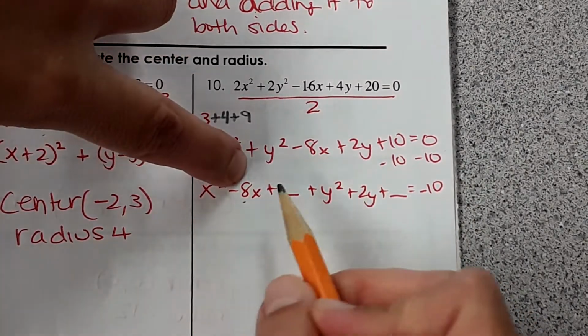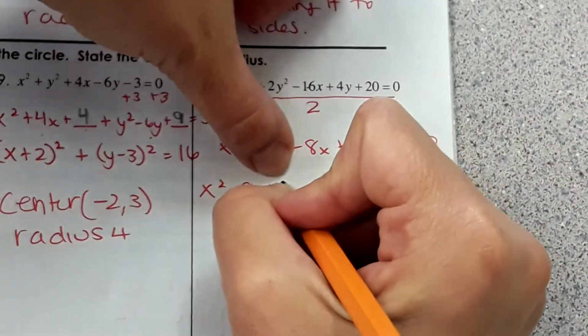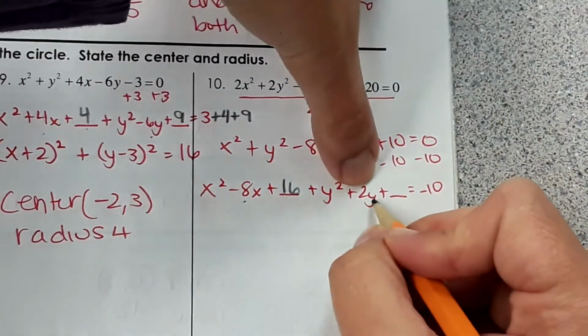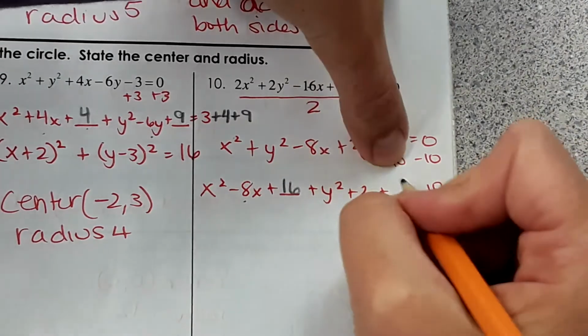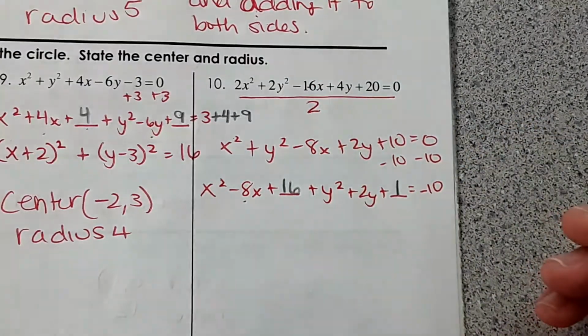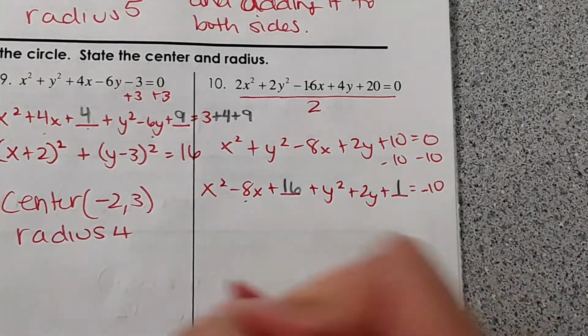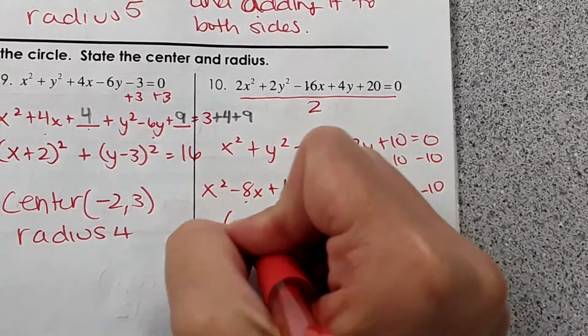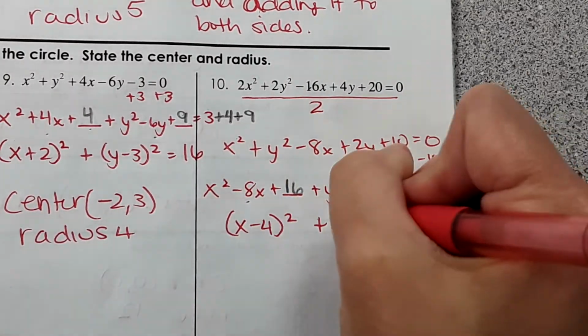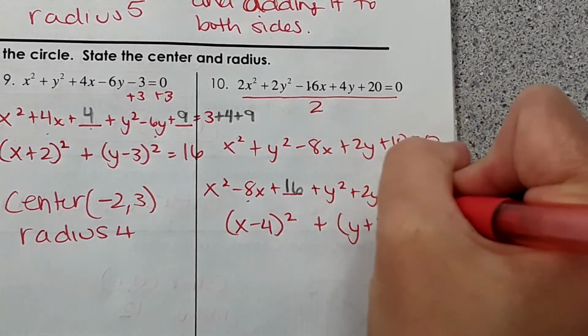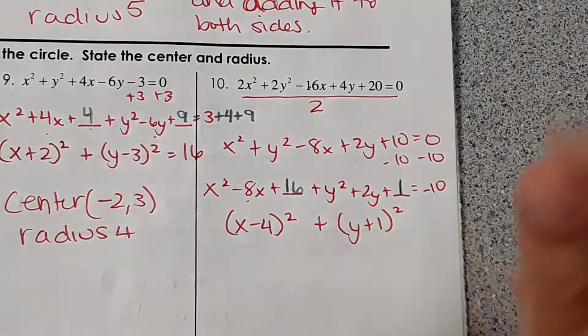Dividing this by 2 would be -4. Negative 4 squared is 16. Divide this by 2 to get 1 and square it to get 1. Then you're ready to factor it. X minus 4 squared plus y plus 1 squared. Oh, I forgot to add these to both sides.